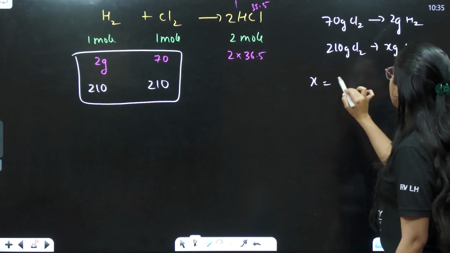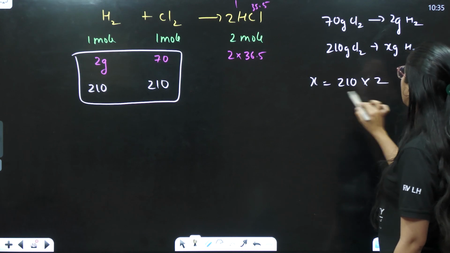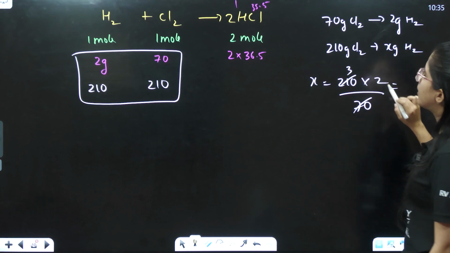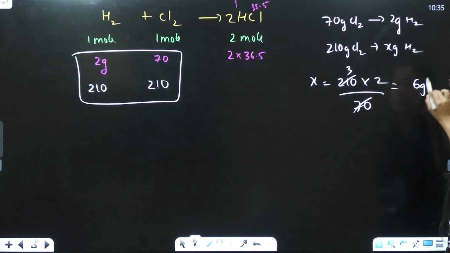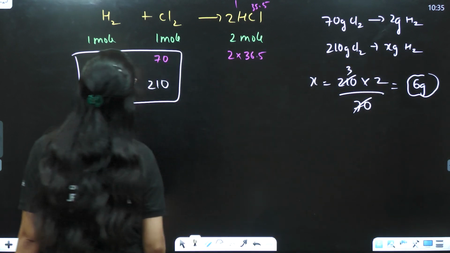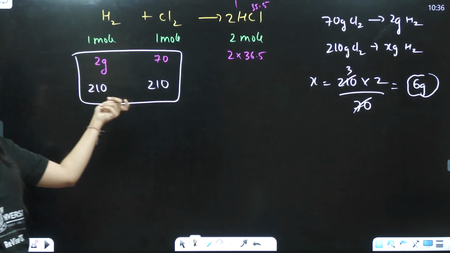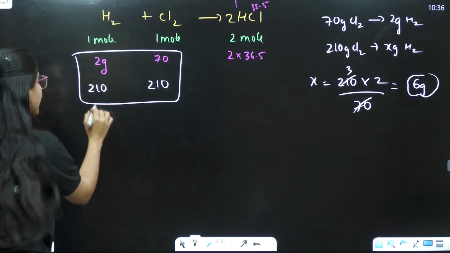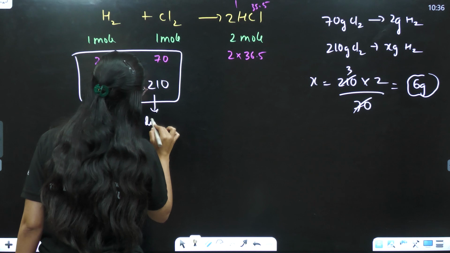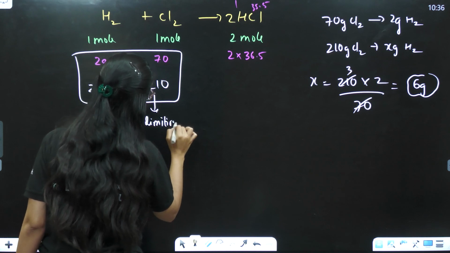So X value will be equal to 210 into 2 divided by 70. 3s are 210, therefore you get 6 grams. So 6 grams of hydrogen is only utilized, but 210 grams are available. So there is an excess reagent. Hydrogen will be your excess reagent and chlorine will be your limiting reagent.